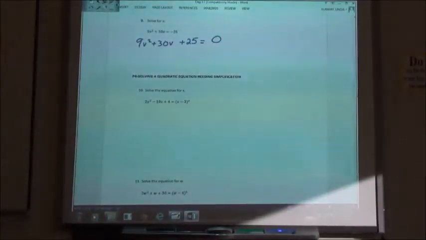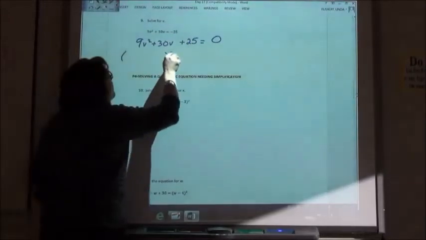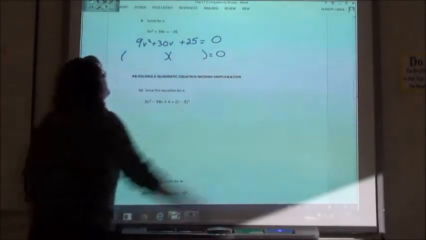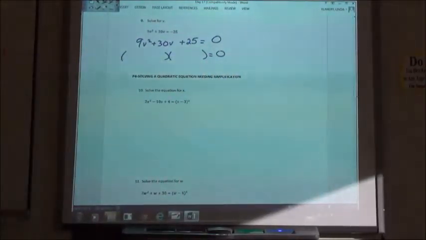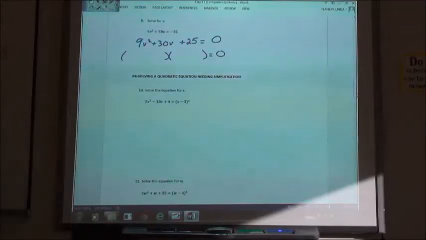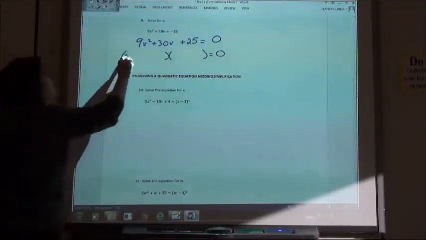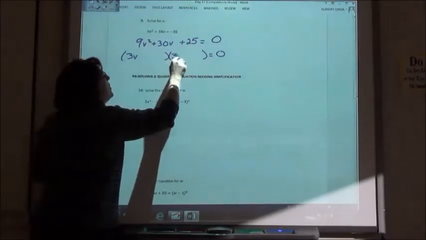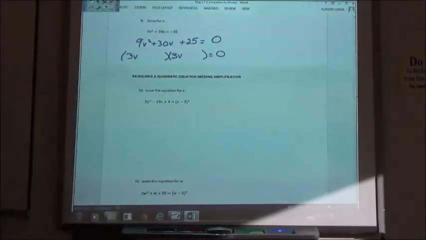Now we got to do our 2 sets of parentheses. So now we want to think about 9b squared. What times what would give me 9b squared? 3 times 3 is 9, so we could try 3b and 3b. And if that didn't work, we'd have to go to 9 and 1. But it's probably the 3 and the 3.